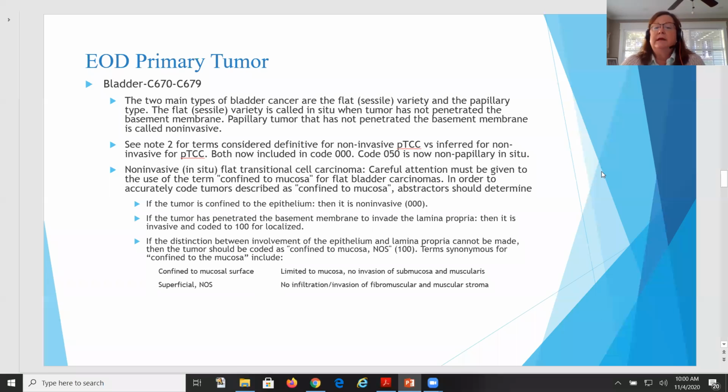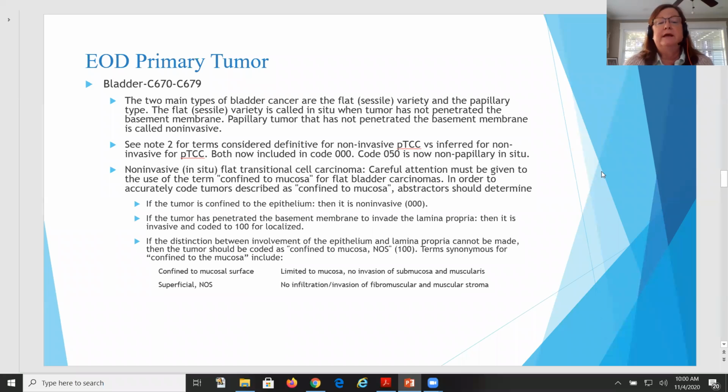For flat bladder carcinomas, in order to accurately code tumor described as confined to the mucosa, the abstractor should determine if the tumor is confined to the epithelium, then it is non-invasive, 000.